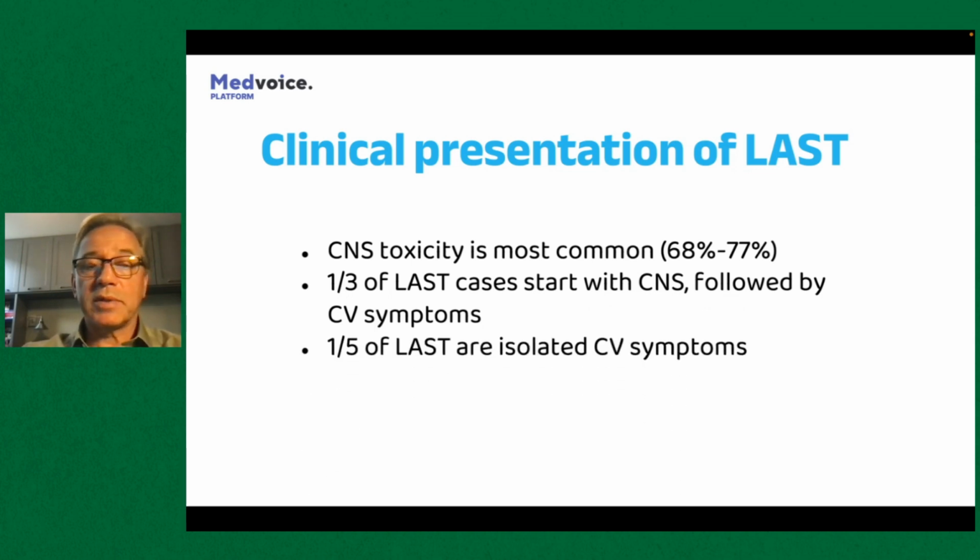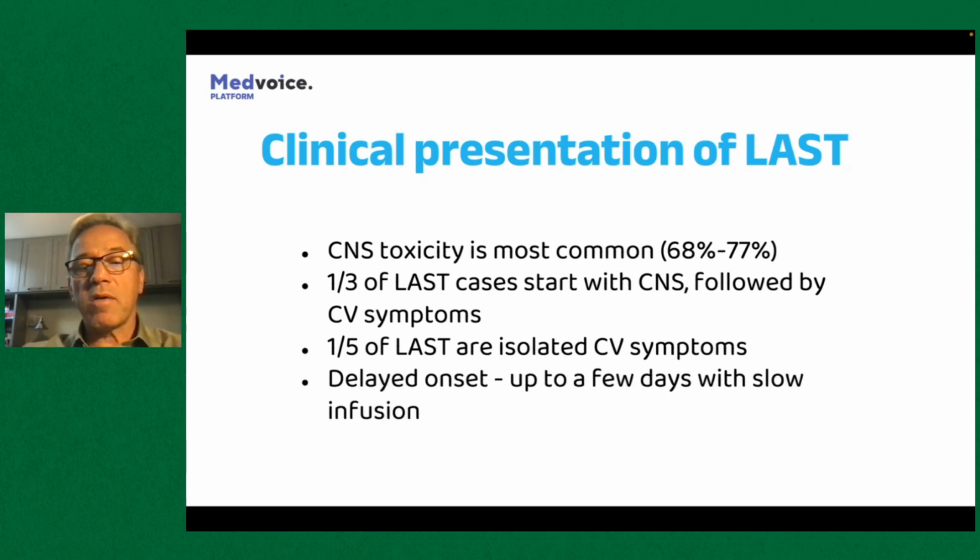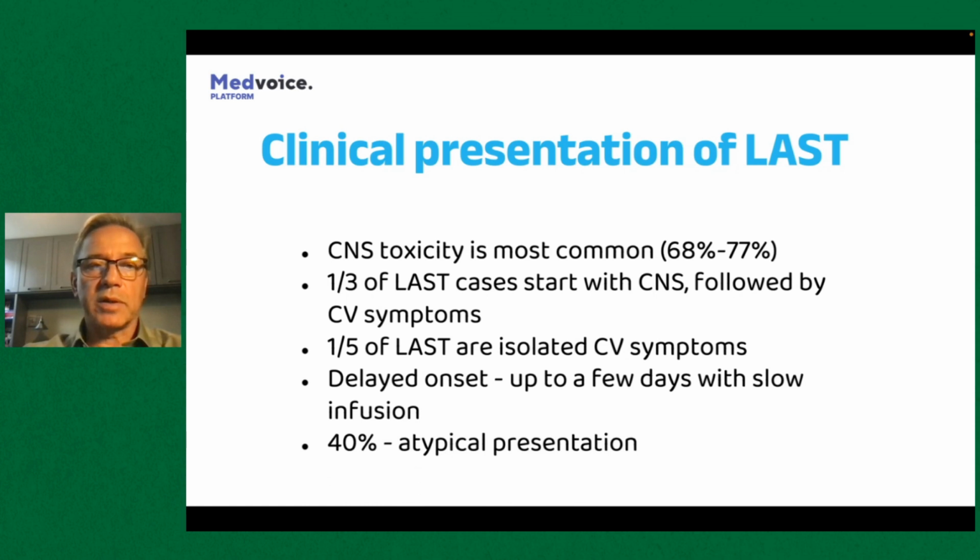About 20% are isolated cardiovascular symptoms only, so you will not have any pre-warning in terms of CNS toxicity, and it goes straight into cardiovascular collapse. Delayed onset is known with infusion of local anesthetic for a few days, and about 40% are an atypical presentation.